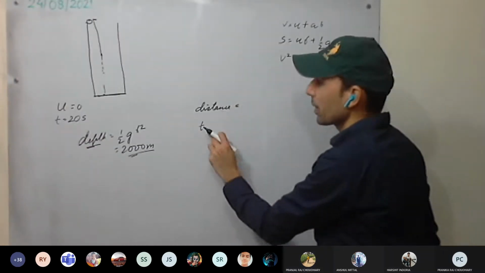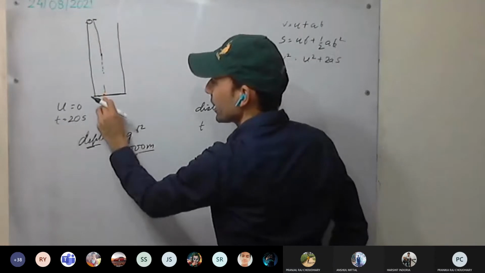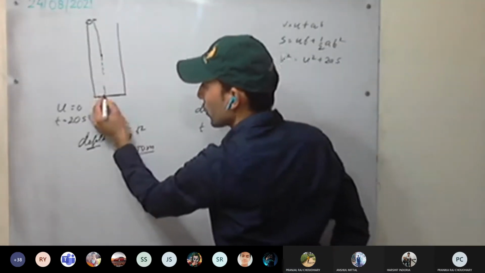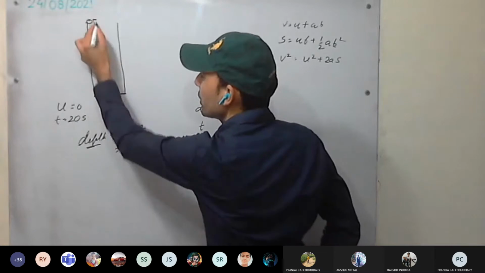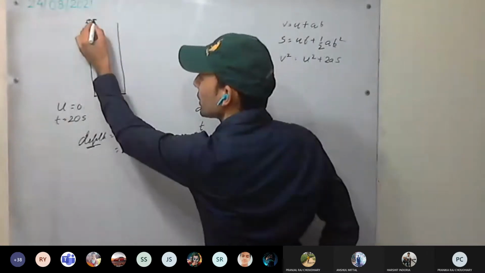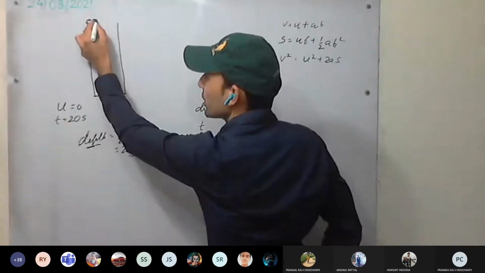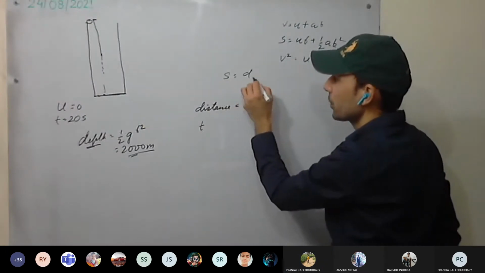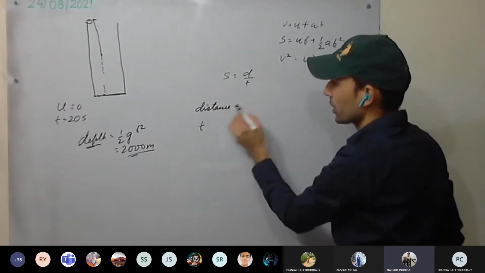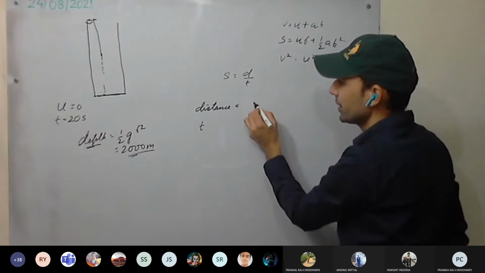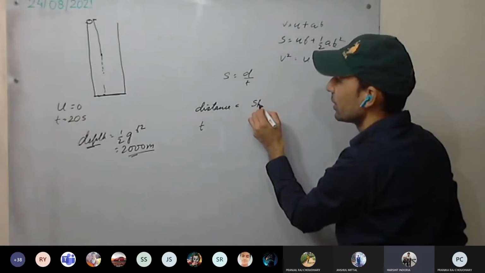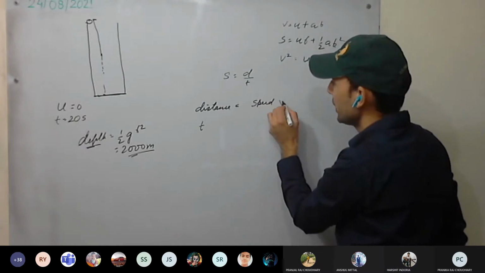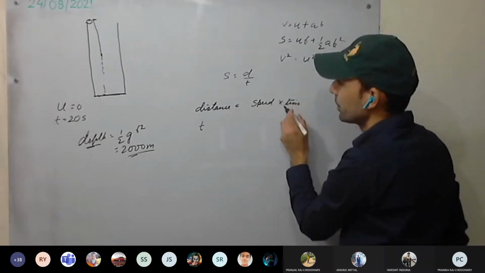You have to calculate the time. See here, this pebble will touch the surface. Now sound is released. How much time will it take for this sound to reach here from this position? You already know speed equal to distance upon time, so distance equal to speed into time.